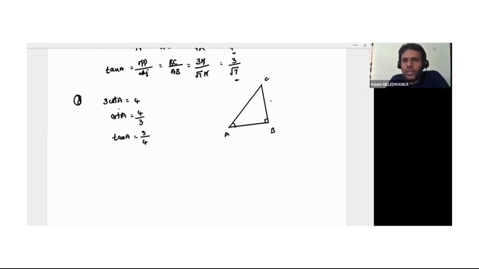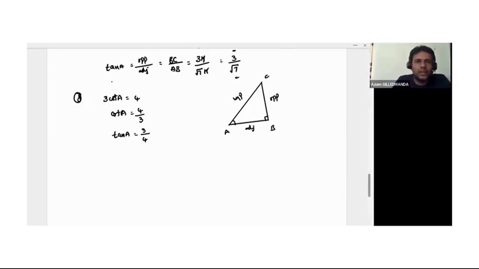So what is the opposite side for A? This is opposite. This is adjacent. This is hypotenuse. Every time I suggest you write the opposite, adjacent, and hypotenuse so that you don't get confused. Here tan A is there. In the problem, if they ask tan C, then you need to take the angle at C, and your opposite and adjacent sides differ completely, right? So always indicate from that vertex what the opposite and adjacent sides are.